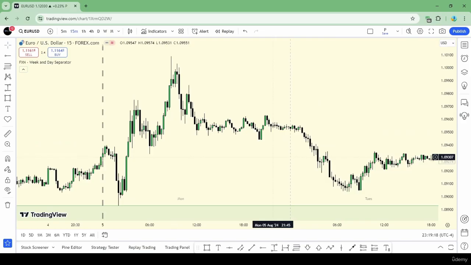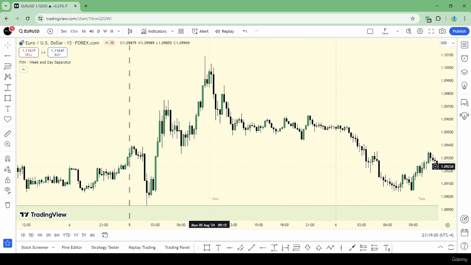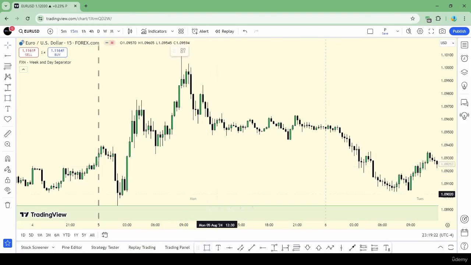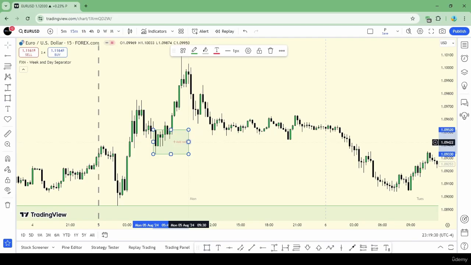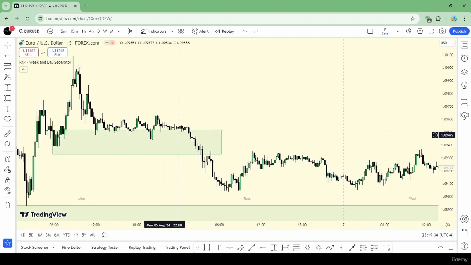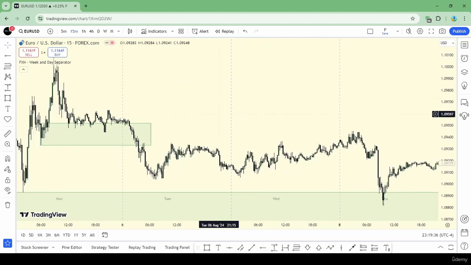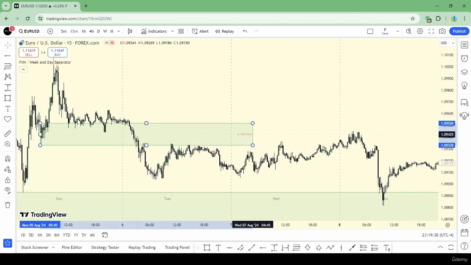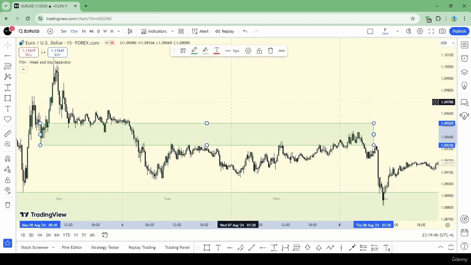Let me expand it so that we may outline our breaker well. So this is our example in which this is our breaker. So what we do is extend that breaker towards the left.